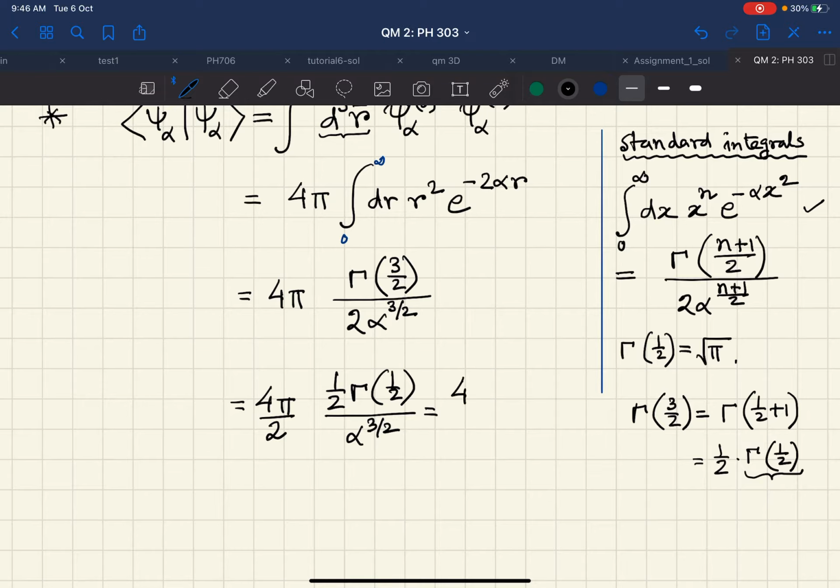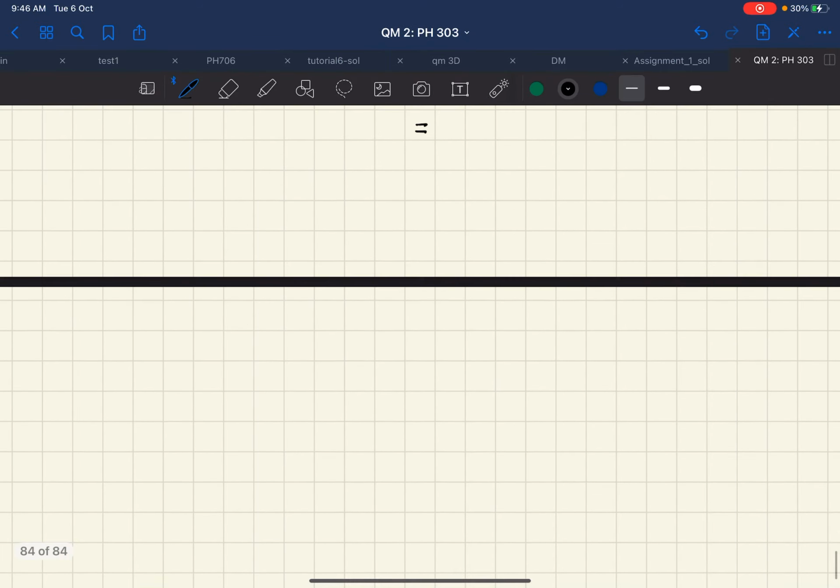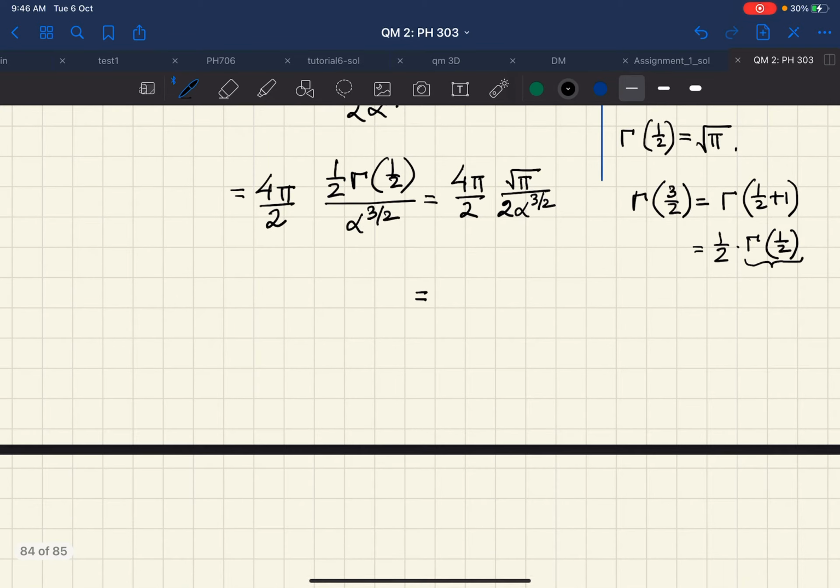let me write it in this manner, 4 pi over 2, we write this as root pi by 2 alpha to the power 3 by 2. I want to have a factor of pi by 2 alpha to the power 3 by 2 because that will be useful in cancelling some factors in the final expression.